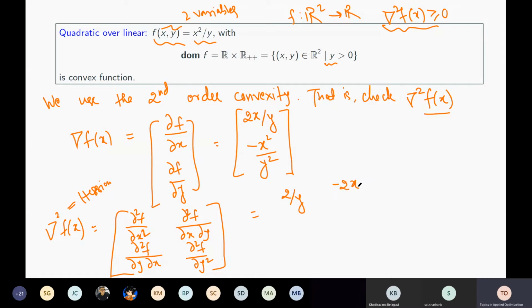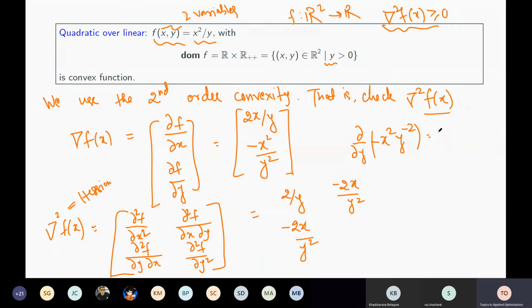This is minus 2x by y². Then for ∂/∂y of ∂f/∂x, this is also minus 2x by y². And for ∂²f/∂y², we can write this as minus x² times minus 2, and we have to take the derivative of this with respect to y.